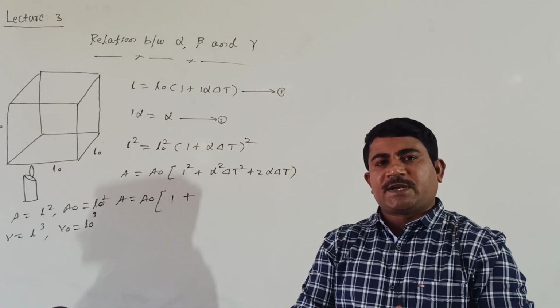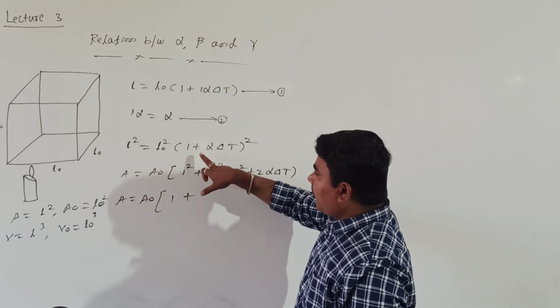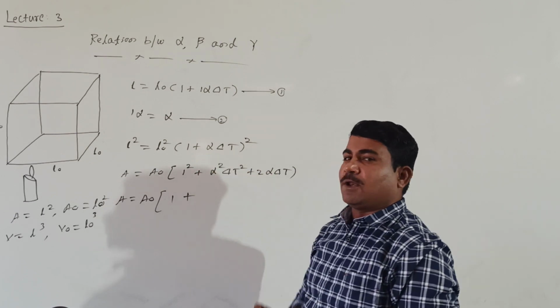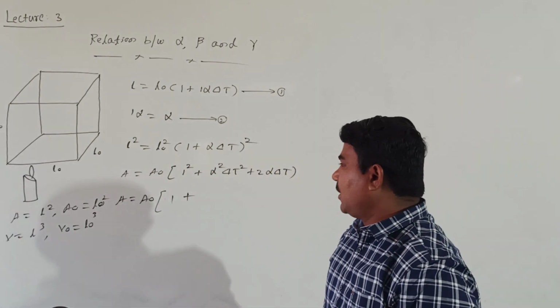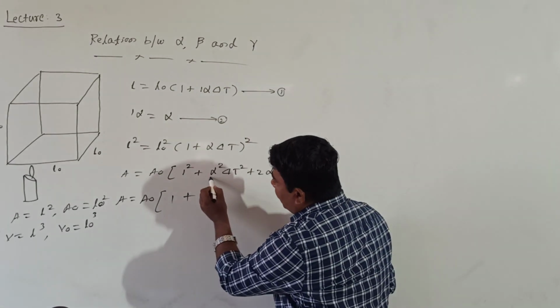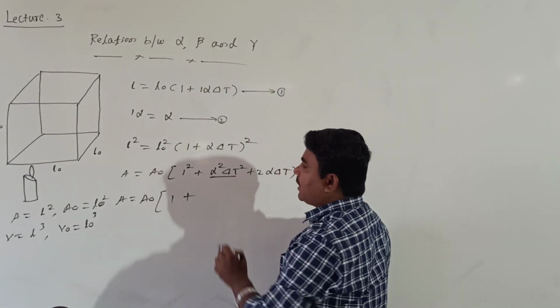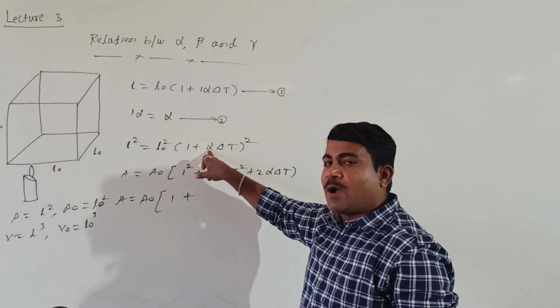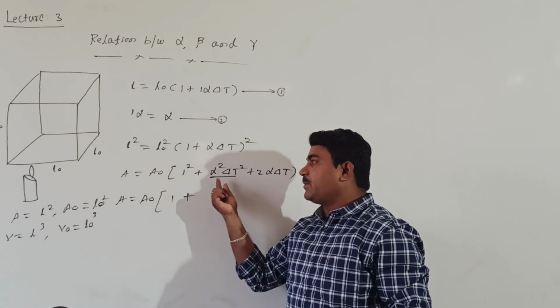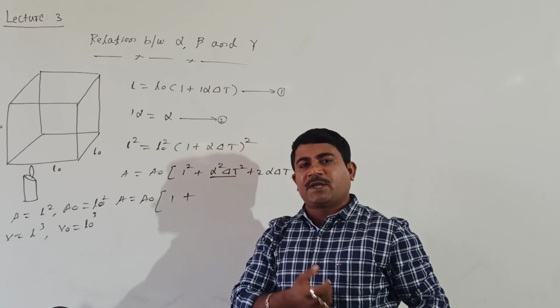Look at me. We said that the coefficient of linear expansion is very small. Then the square of the coefficient of linear expansion is again very small. It is of the order 10 raised to minus 6 per degree Celsius. Square of this is 10 raised to minus 12 per degree Celsius.